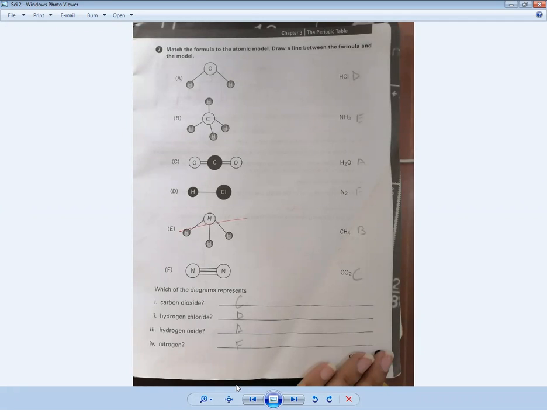So definitely it will match with the chemical formula of H2O. One atom of oxygen and two atoms of hydrogen.